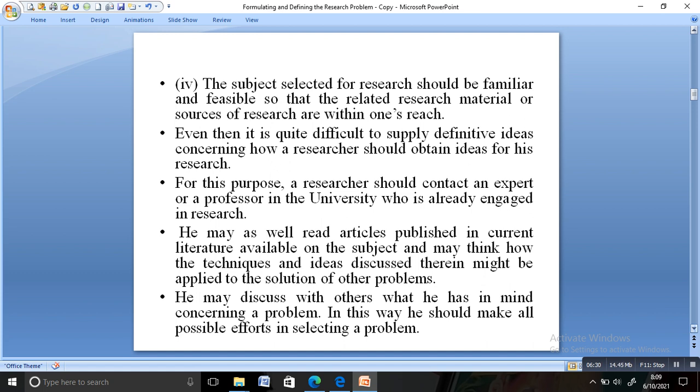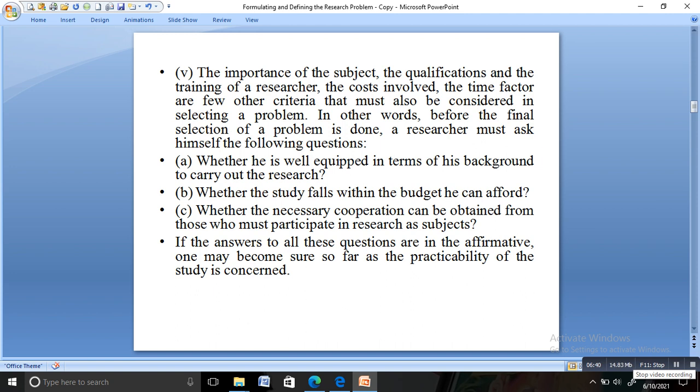Then you can discuss the ideas with others, and all this will help you to select a problem. The importance of the subject, what is the importance of the topic you are choosing, then the qualification of your trainer, the cost involved, the time factor, everything should be considered while you are selecting the research problem.